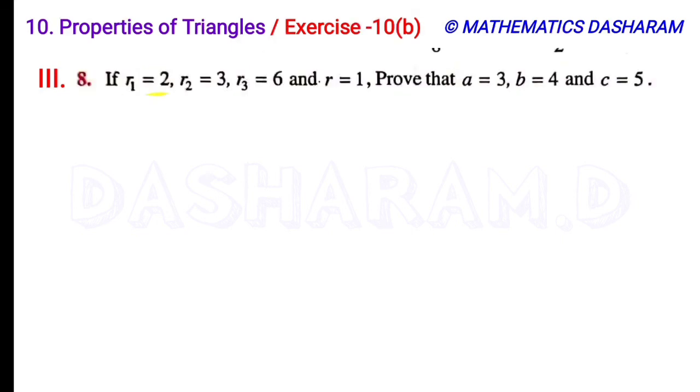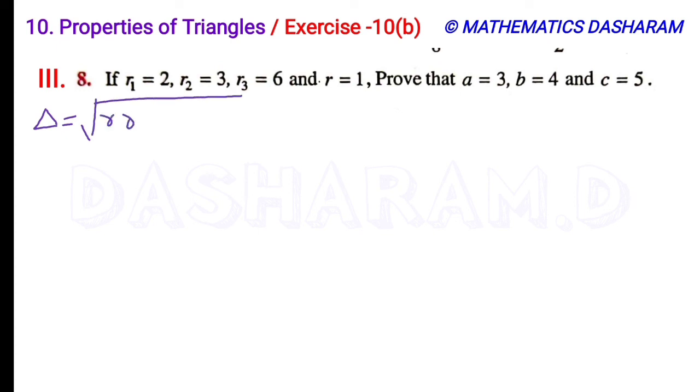Eighth question: if r1 equals 2, r2 equals 3, r3 equals 6 and r equals 1, then prove that a equals 3, b equals 4 and c equals 5. Here r1, r2, r3 are the exradii and r is the inradius. a, b, c are the sides of a triangle. First I am going to find delta, the area of the triangle.